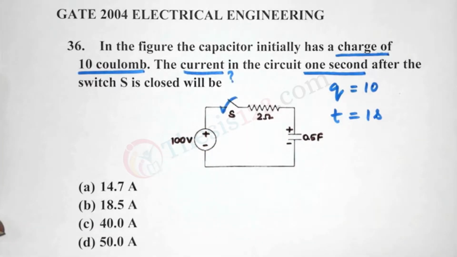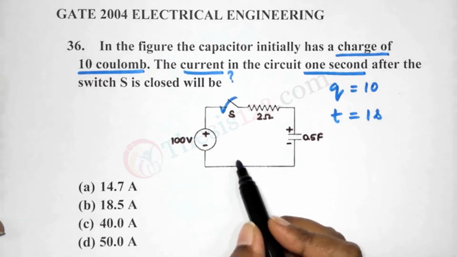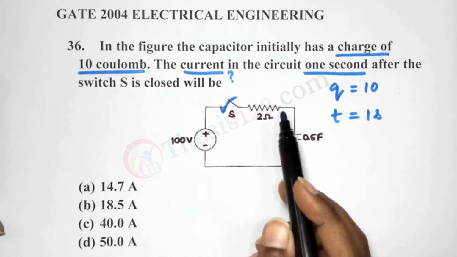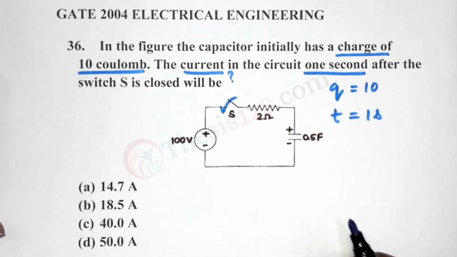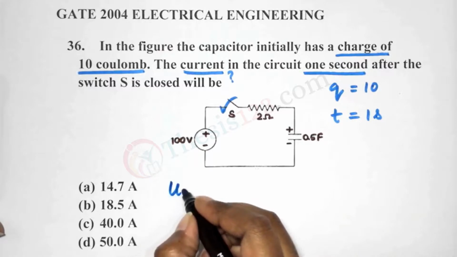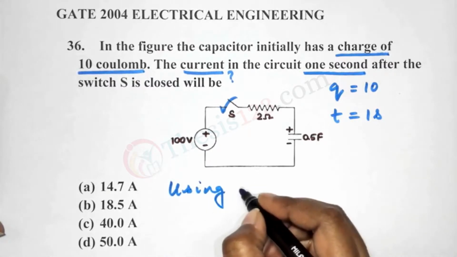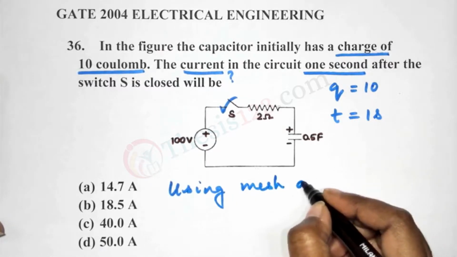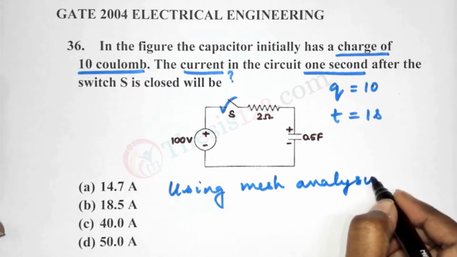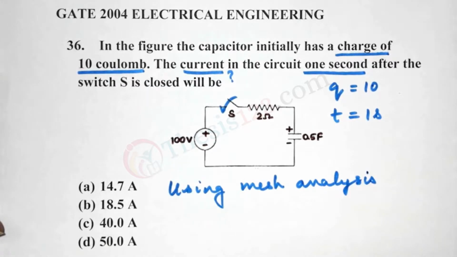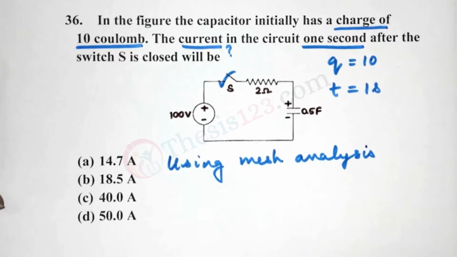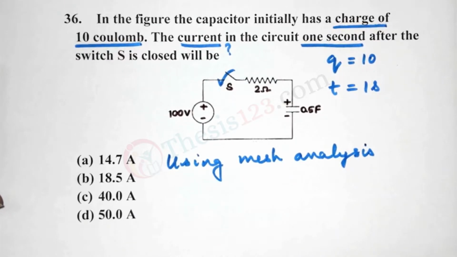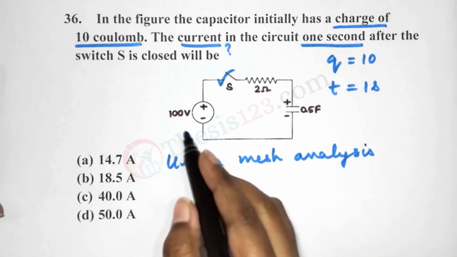Now let's begin by writing down the circuit expression using mesh analysis. So we start with the source 100.